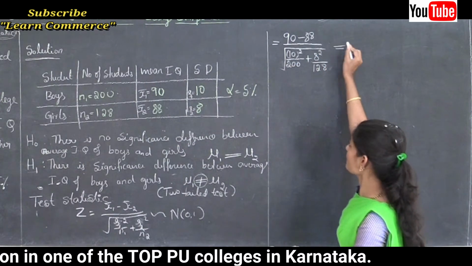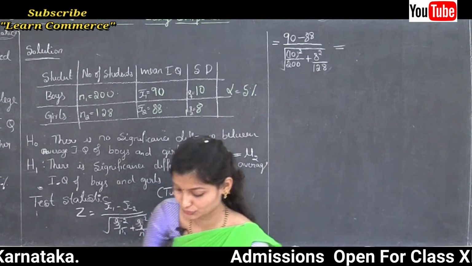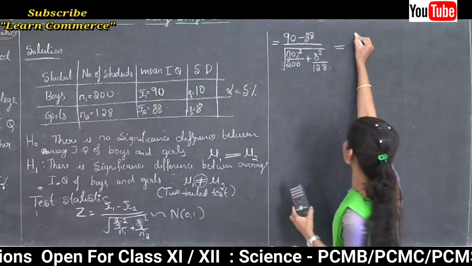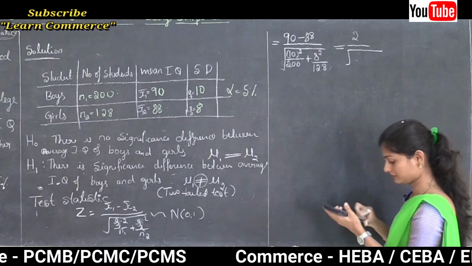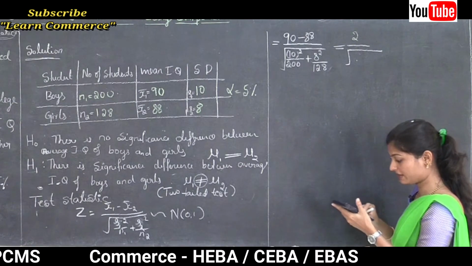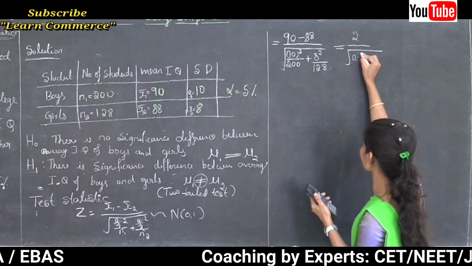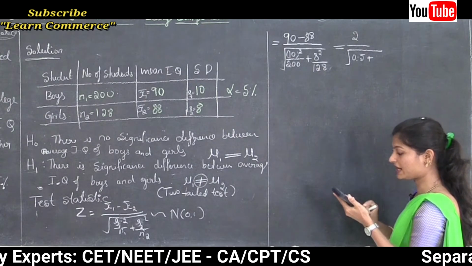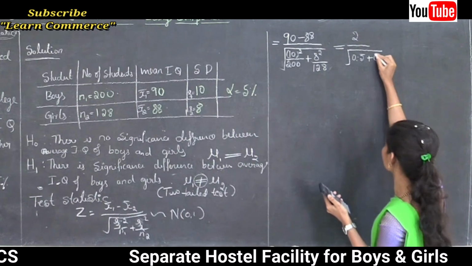This is equal to 90 minus 88, that is 2, divided by the square root of 10 square divided by 200, that is 0.5, plus 8 square divided by 128, that is 0.5.